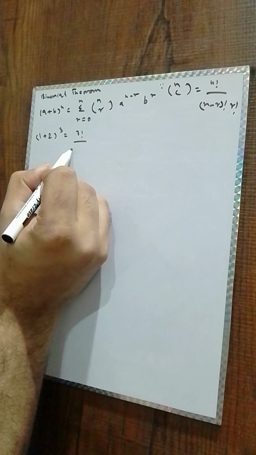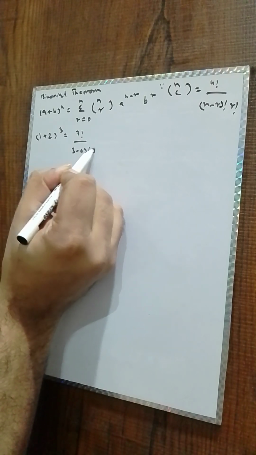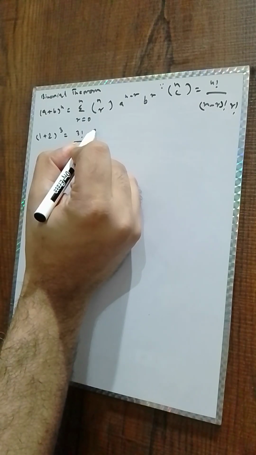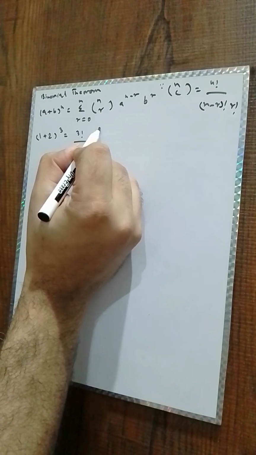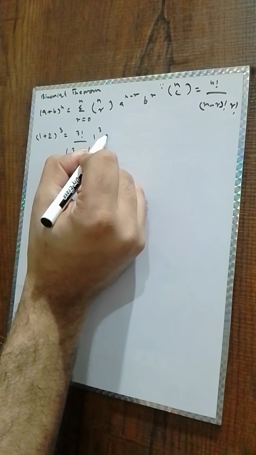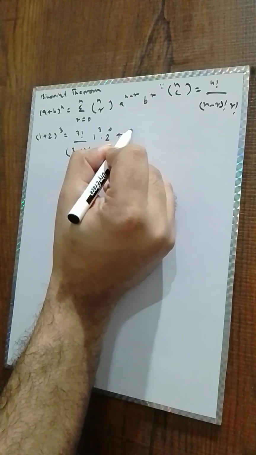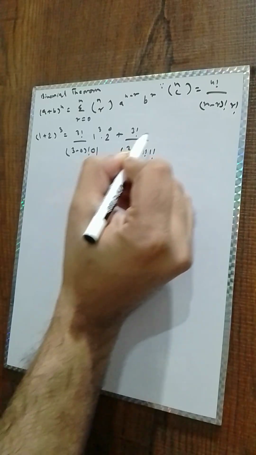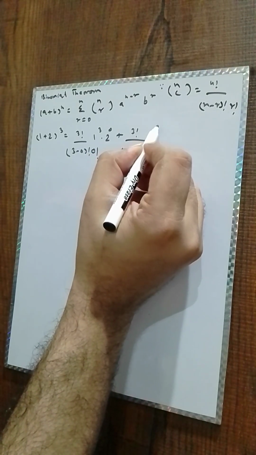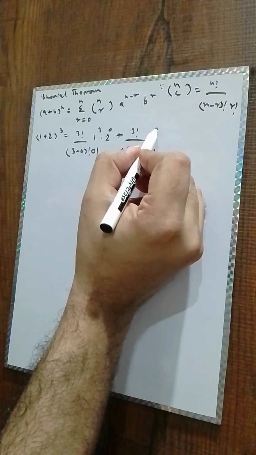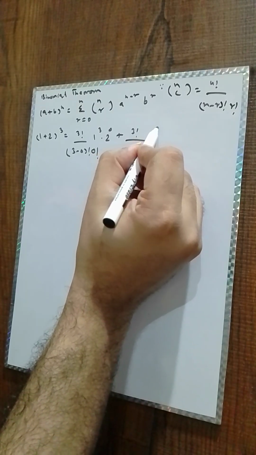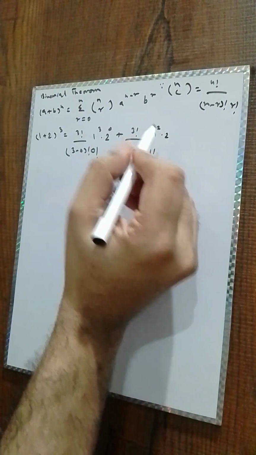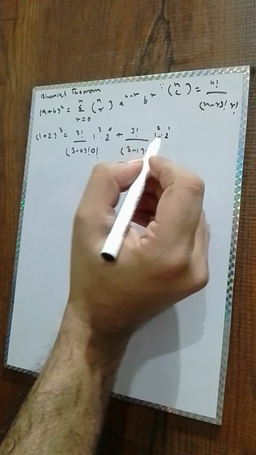So we use this form: 3 factorial by 3 minus 0 factorial, 0 factorial, 1 to the power 3 and 2 to the power 0, plus 3 factorial by 3 minus 1 factorial, 1 factorial, 1 to the power 3 minus 1 this time, 1 to the power 2 and 2 to the power 1.